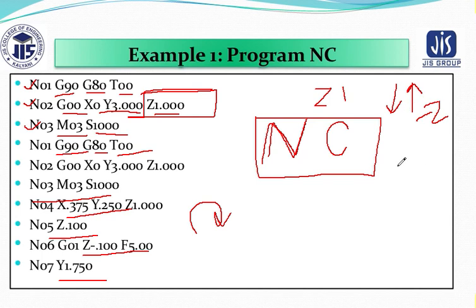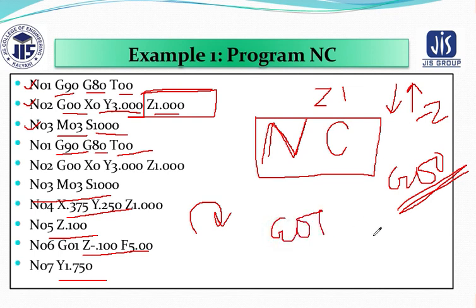It is up to you. Next you come to the C position. When you are coming to this position, you have to use G00. Why? Here no cutting will be occurring. Then when you start the operation, again you have to use G01 to start the cutting operation, and you have to start the cutting of the C program.